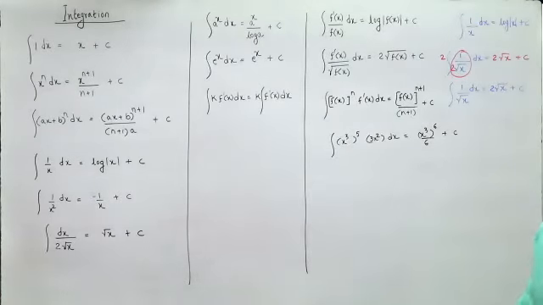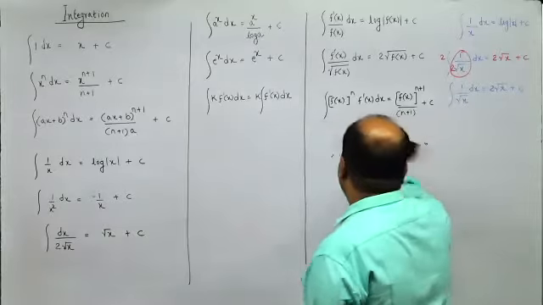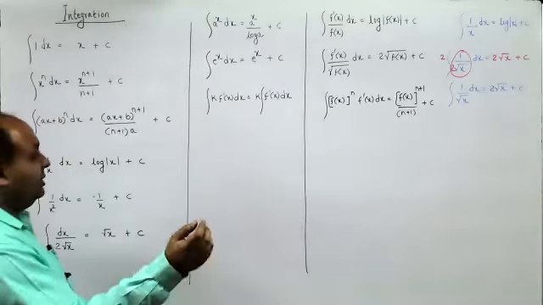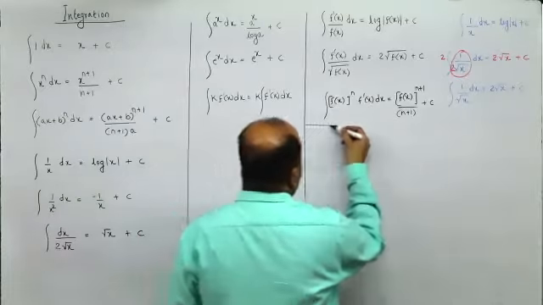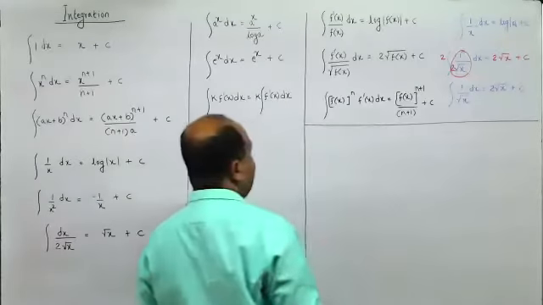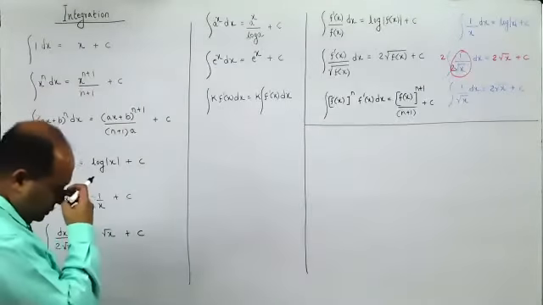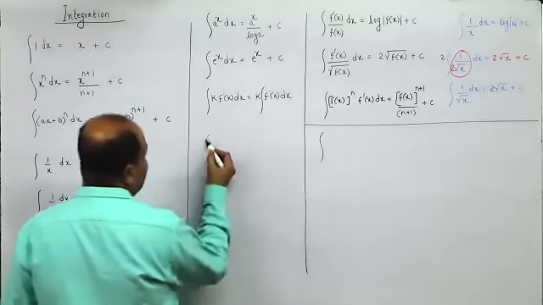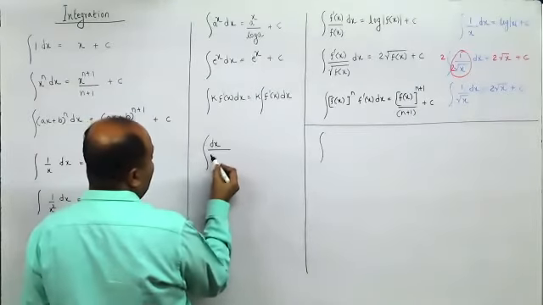Now, apart from this, there are a few more formulae that have to be by hearted. Here, I told you there are various combinations of dx with x square and a square.